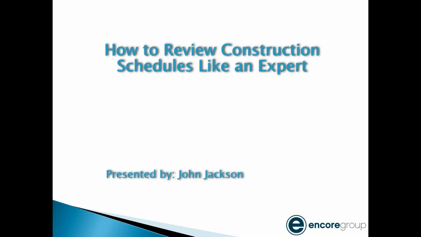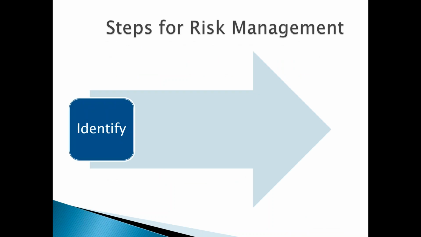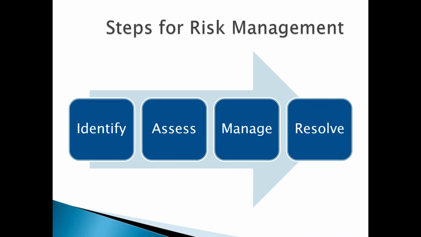There are some steps for risk management. These are from basic risk management processes. The first is to identify issues. That's one of the things we'll be looking at today: how to identify problems with a construction schedule so that you can assess what the potential impact is, what risks are associated with it, what the project exposure is.